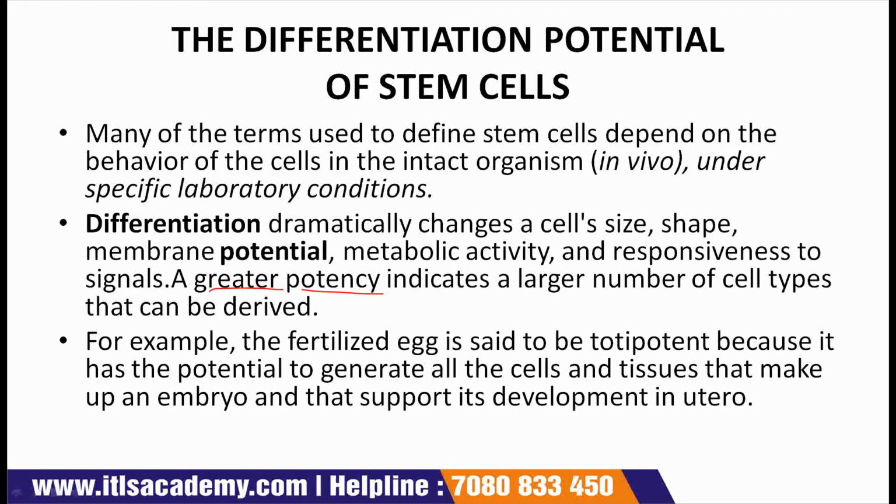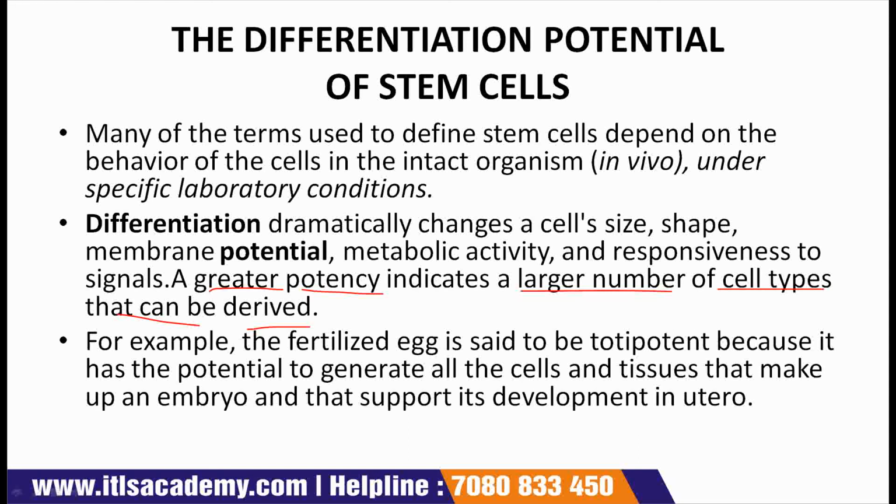A greater potency indicates a large number of cell types that can be derived. A cell that can differentiate into all cell types, including the placental tissues, is known as a totipotent cell.